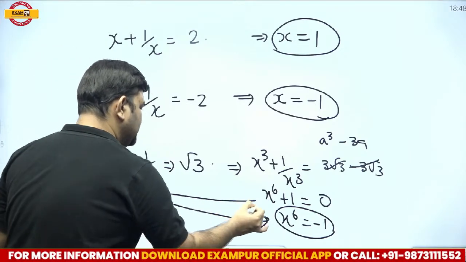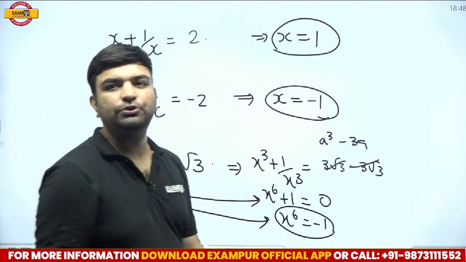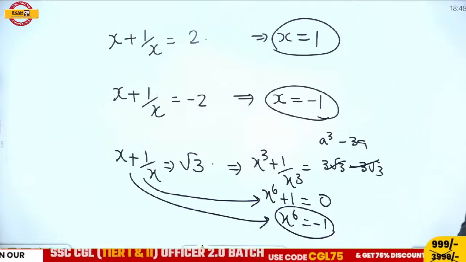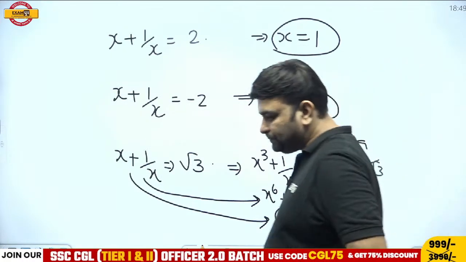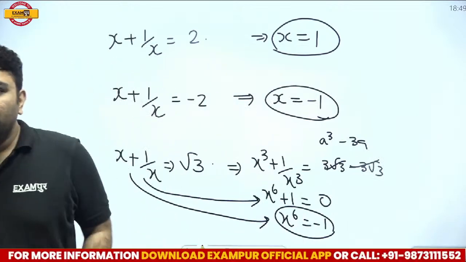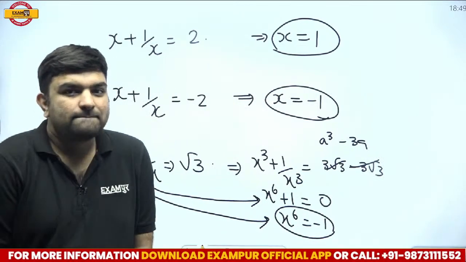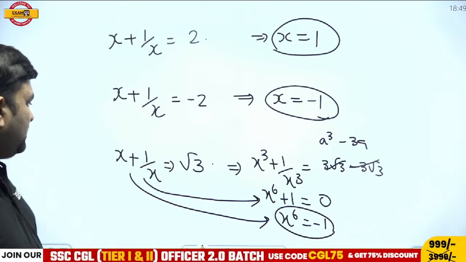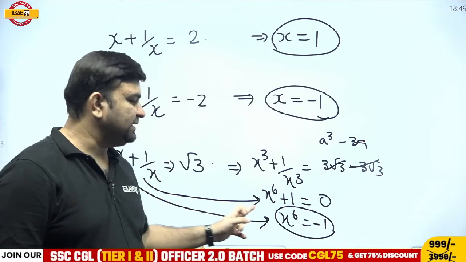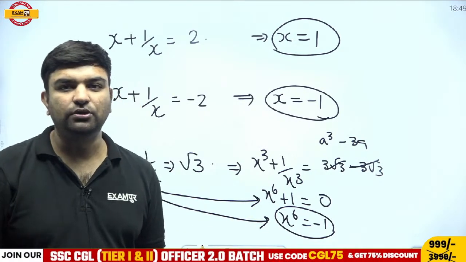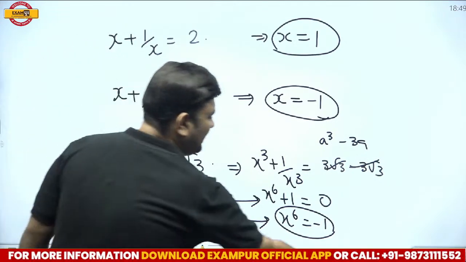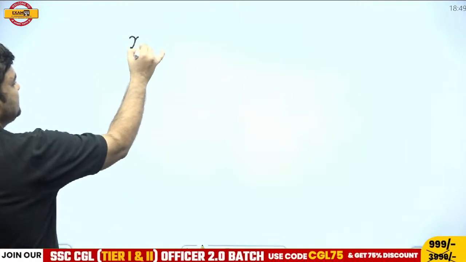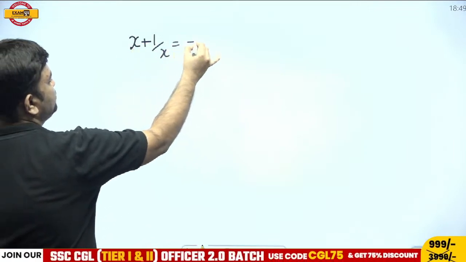If x plus 1 upon x is root 3, then x to the power 6 plus 1 is 0, or you can say x to the power 6 is minus 1. The last: x plus 1 upon x is minus root 3.